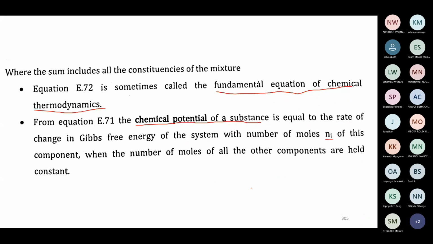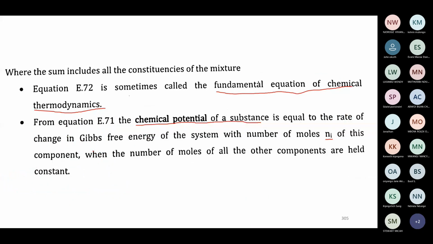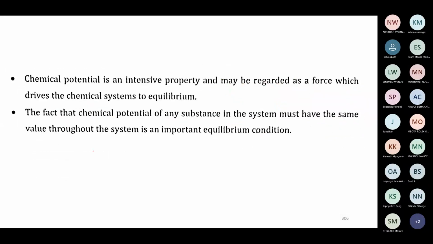Okay, so that is the definition according to equation E71. So chemical potential is an intensive property, and it may be regarded as a force which drives chemical systems to equilibrium.